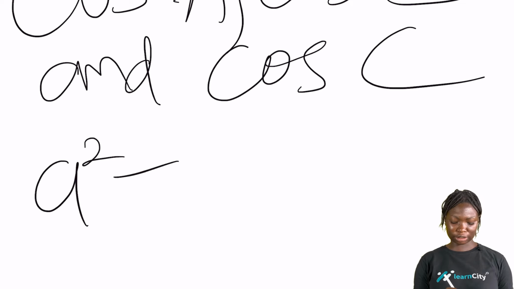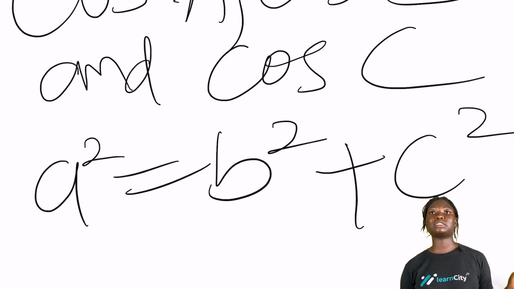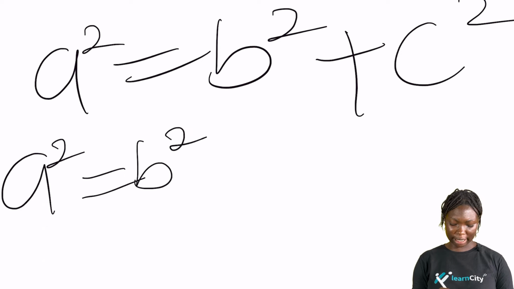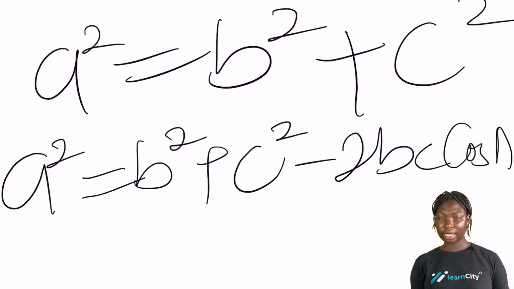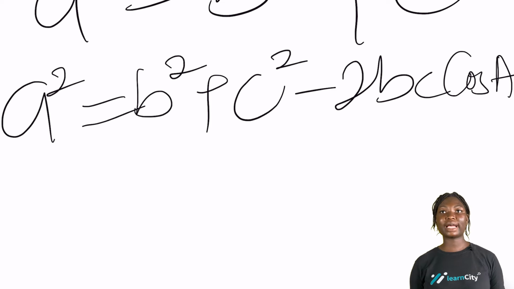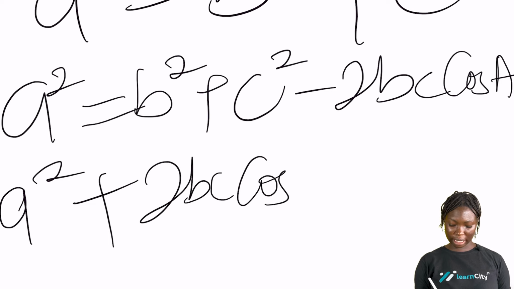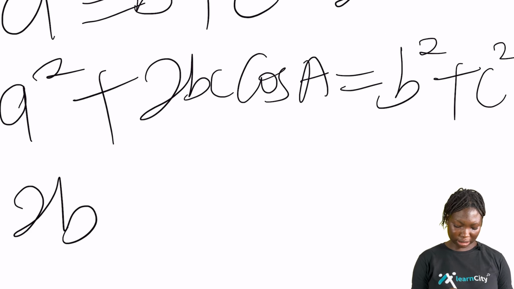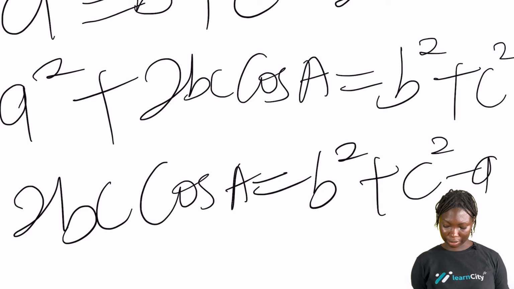To insert our cos, we now have A squared equals B squared plus C squared minus 2BC cos A. To find cos A, we get 2BC cos A equals B squared plus C squared minus A squared.